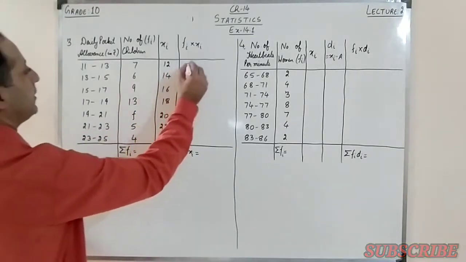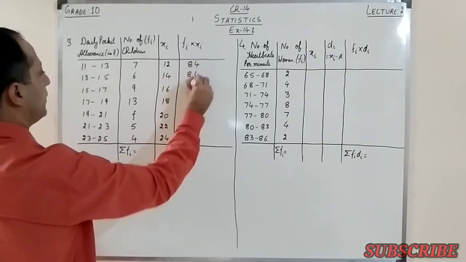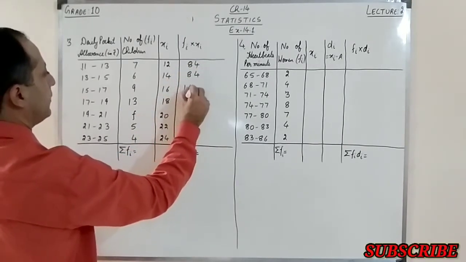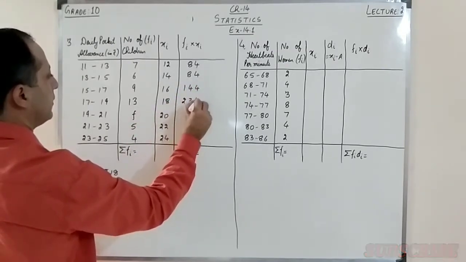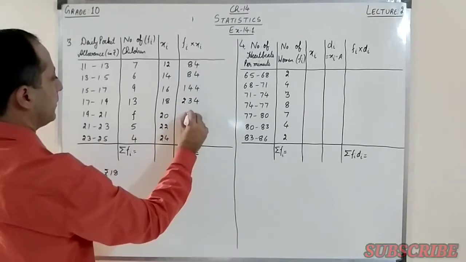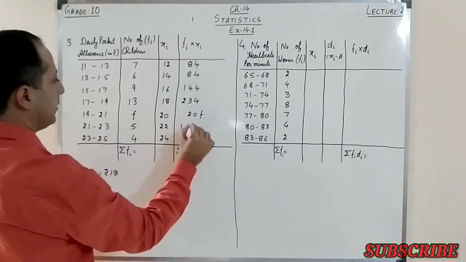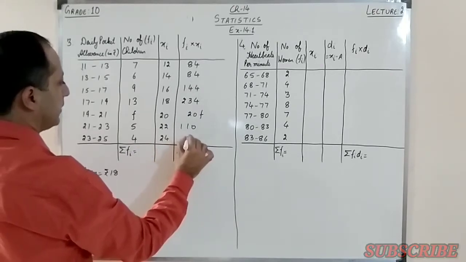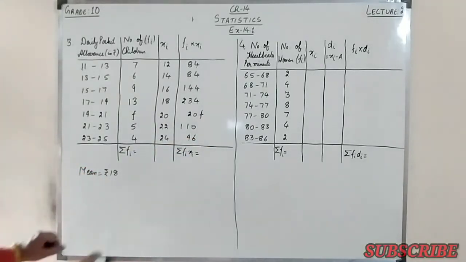So 12 7s are 84, again 84, this is 144, then 234, this is 20F, then 110, and finally 96.